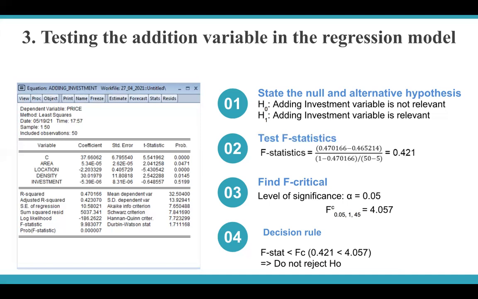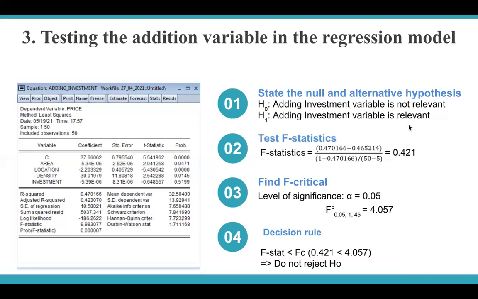Based on the statistic, we can conclude that do not reject H0 when the F stat is smaller than the F critical value. Therefore, the investment variable is not significant for our model.